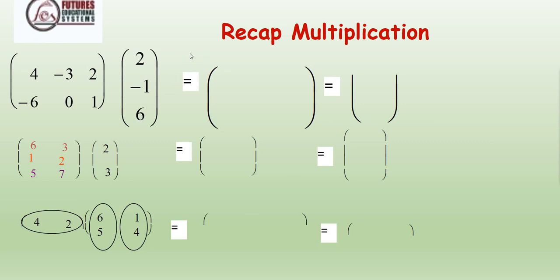Recap multiplication. If we multiply a matrix of order 2 by 3 by a matrix of order 3 by 1, which we studied before, the result is a matrix of order 2 by 1.